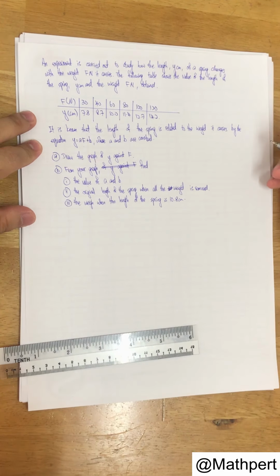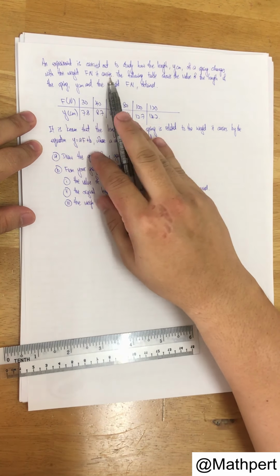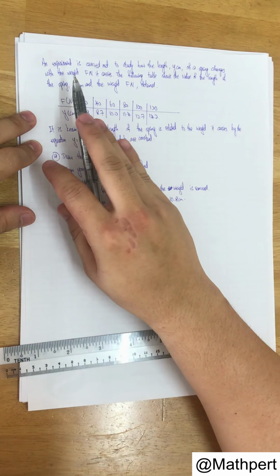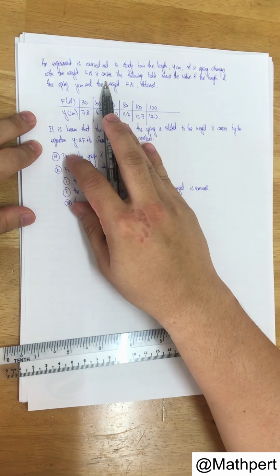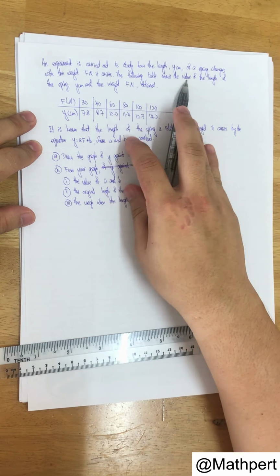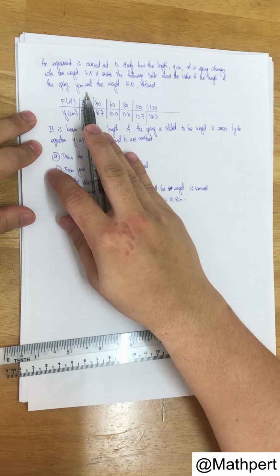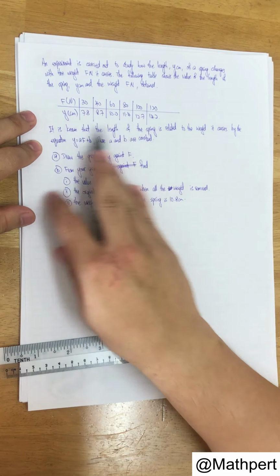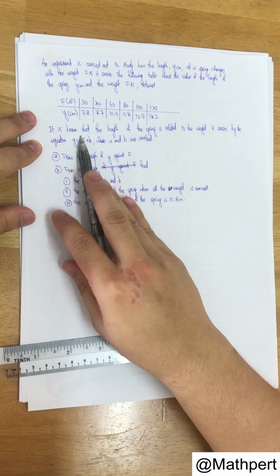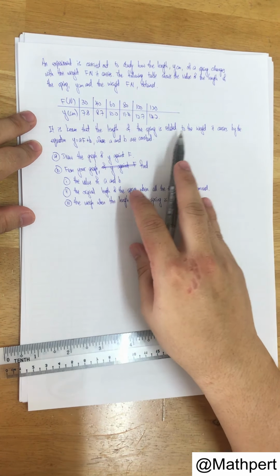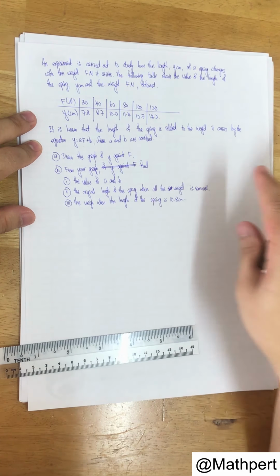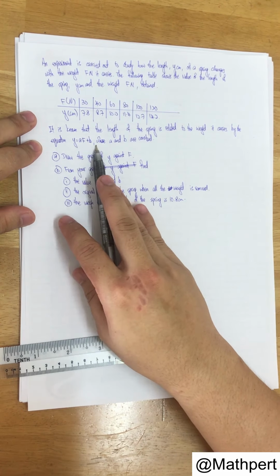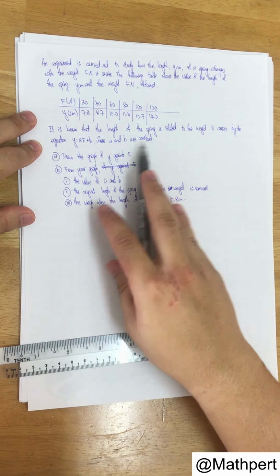Now let's take a look at these questions. An experiment is carried out to study how the length y cm of a spring changes with the weight F Newton it carries. The following table shows the values of the length of the spring y cm and the weight F Newton obtained. It is known that the length of the spring is related to the weight it carries by the equation y equals AF plus B, where A and B are constants.